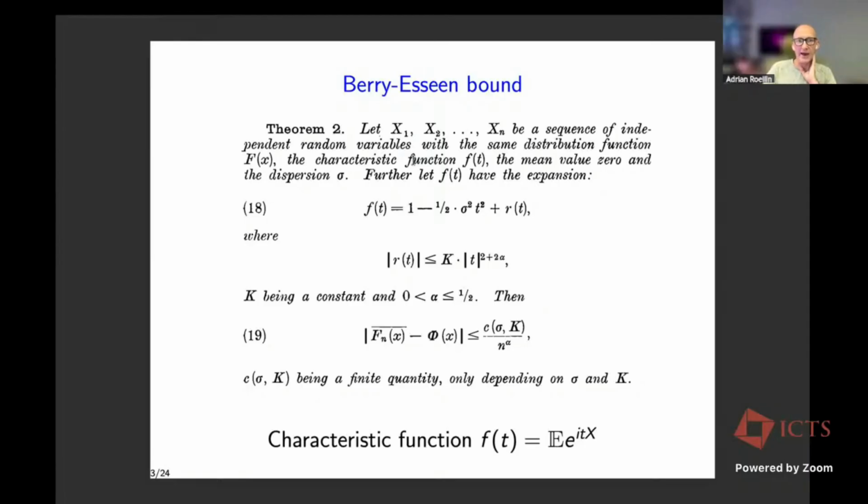So let's assume we have n random variables. Let's assume the simplest case, IID, X1 to Xn. They have a common CDF, a cumulative distribution function, and we denote by little f the characteristic function. The definition of the characteristic function should be familiar to all of us.